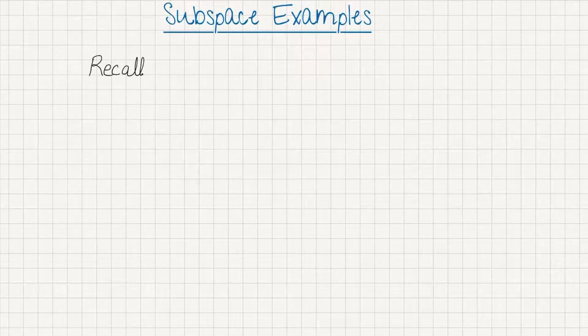Suppose you have a non-empty subset W of a vector space V. Then we say that W is a subspace of V if it satisfies two conditions.